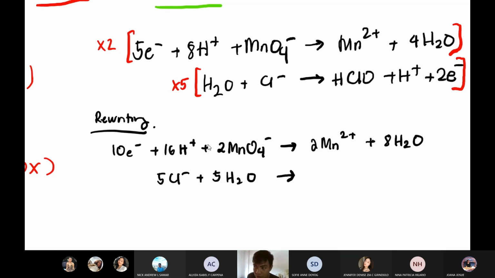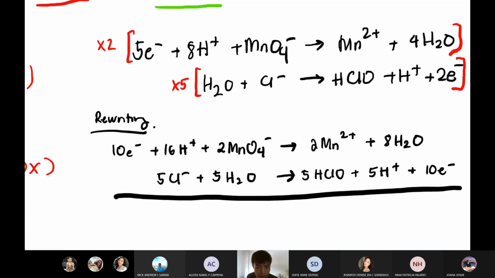So, yung pag-plus, pwede pagbali-balikin. So, 5Cl, 5H2O. On the other side, 5 din yon. 5HClO, 5H plus, and 10 electrons. 5 times 2, 10 electrons. Now, we can combine the equations.